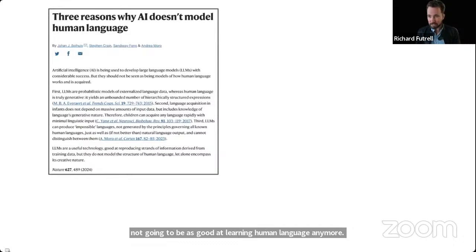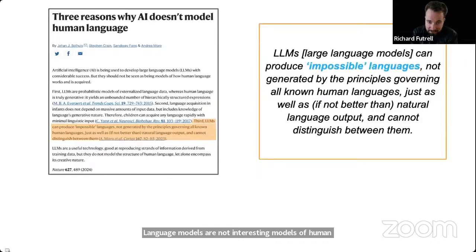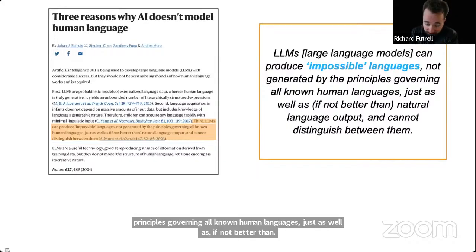This work was inspired in part by claims from Noam Chomsky and associates that language models are not interesting models of human language because, the claim goes, language models can learn to produce impossible languages, not generated by the principles governing all known human languages, just as well as, if not better than, natural language output, and cannot distinguish between them.